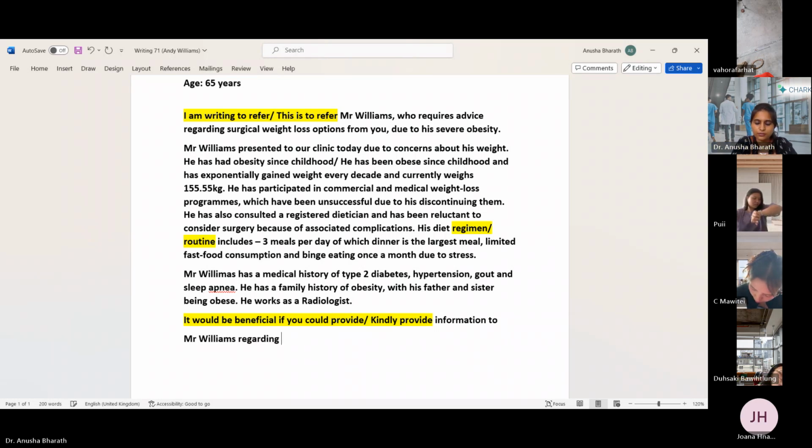Regarding what? Surgical options, surgical interventions that are available to him.